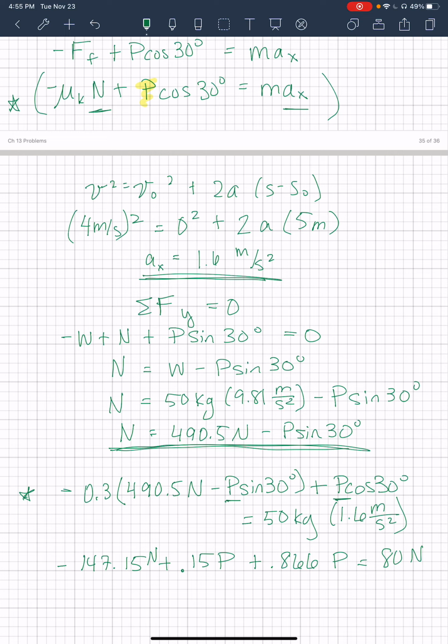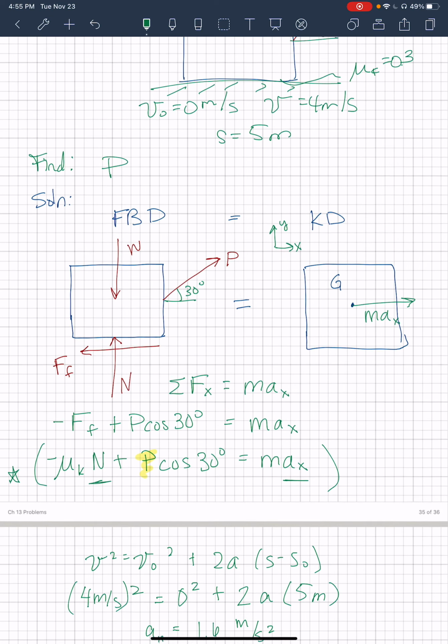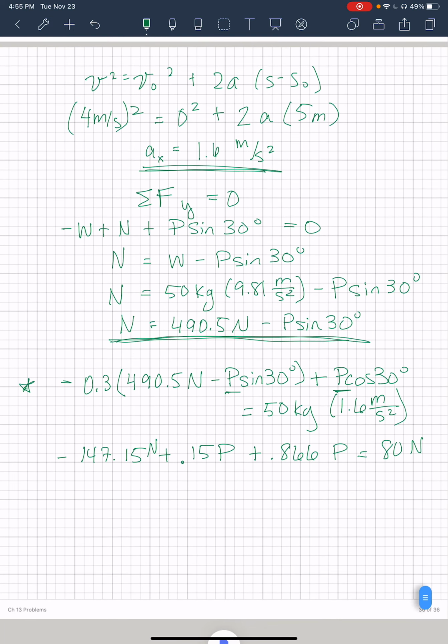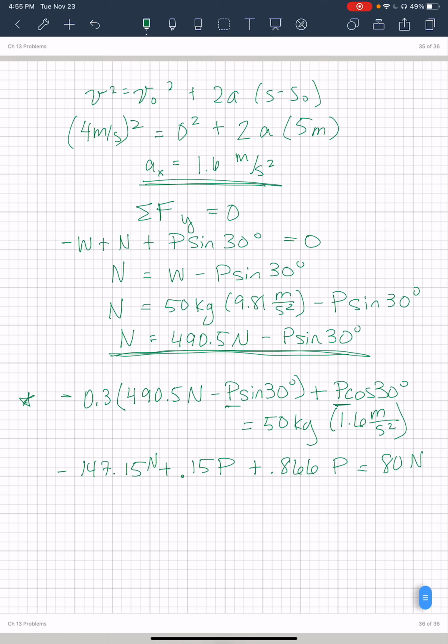If we add that all up, we get 1.016 P equals 227.